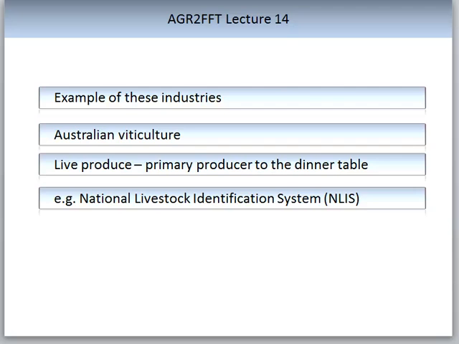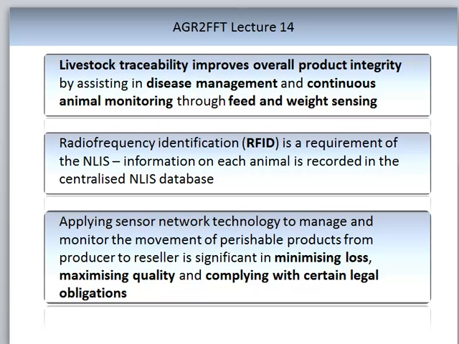Here is an overall flowchart of NLIS wireless sensor network applications. At each of these points, recommended procedures and policies exist to ensure the proper flow of data. Everything is recorded in the NLIS database.